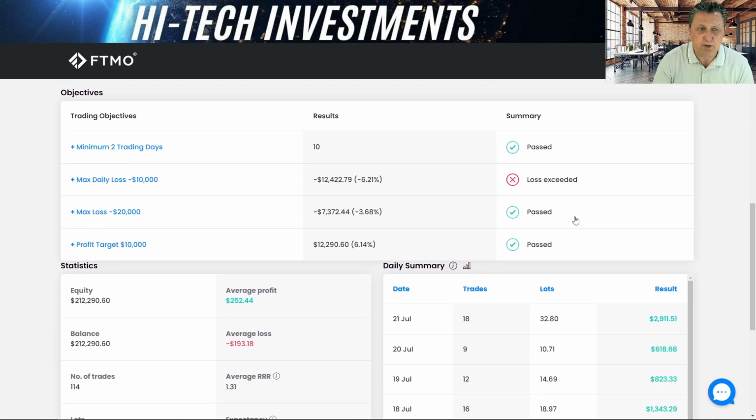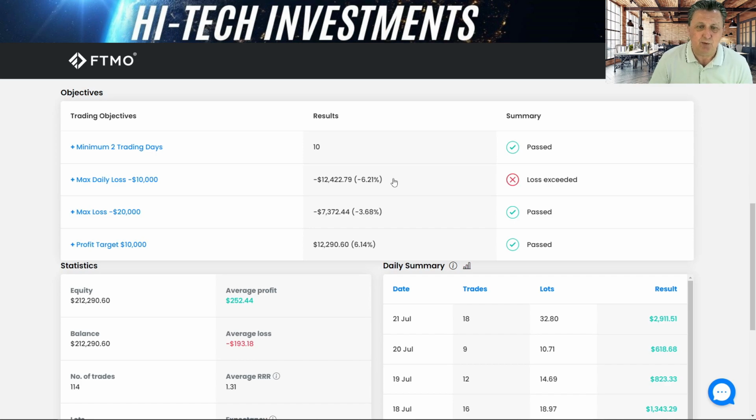If we have a look here, the objective minimum was 2 trading days, and we had 10, so we passed this one. The maximum daily loss was 10,000. Unfortunately, on the very last day, we just exceeded that amount. It doesn't mean the account is blown, we simply exceeded it.